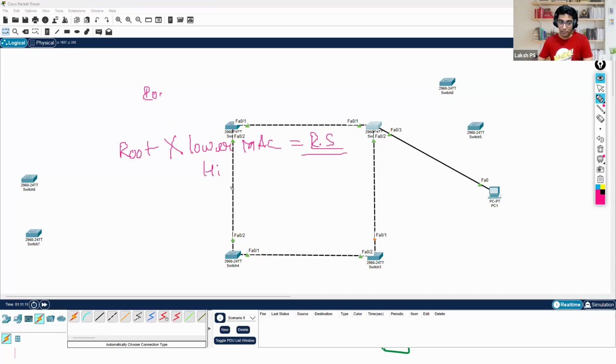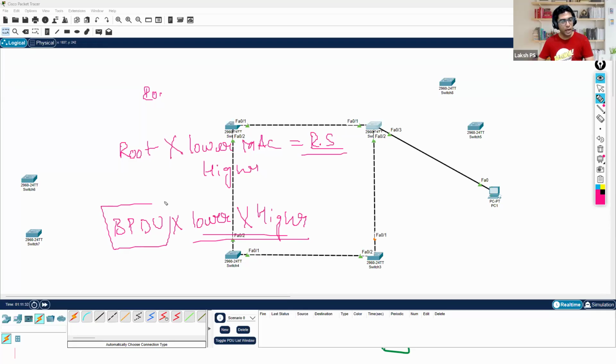If it is a higher MAC, it doesn't care. It will allow the BPDU to pass in and eventually data will start to flow. But BPDU guard will not allow a lower MAC nor a higher MAC. It doesn't care if it is a lower MAC or a higher MAC. All it sees is a BPDU and it will block it.